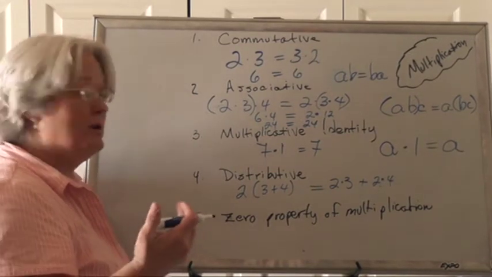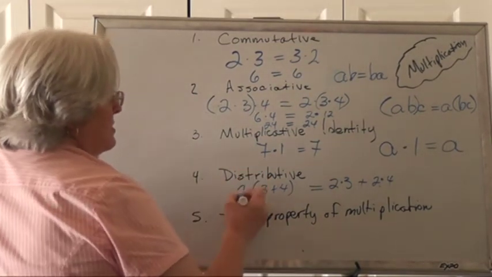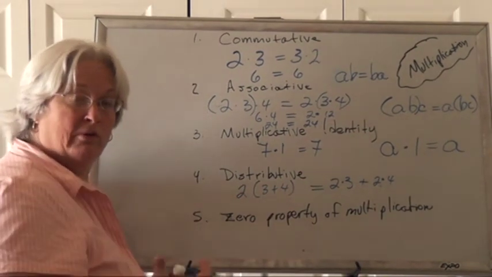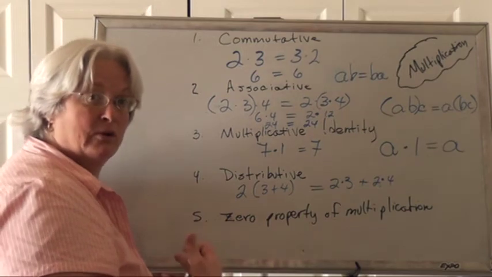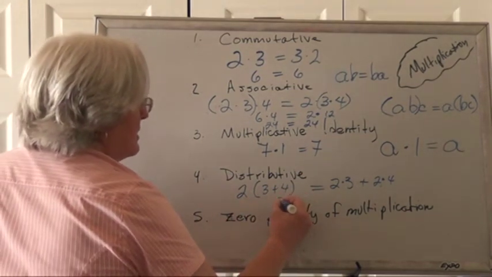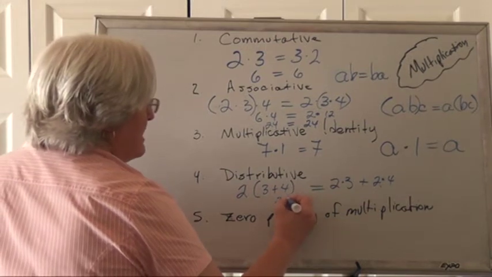expanded notation in multiplication. Here, 2 times the quantity 3 plus 4, when we use our order of operations, which says what do I do first, we have to do what's inside parentheses first. So this becomes 2 times 7.